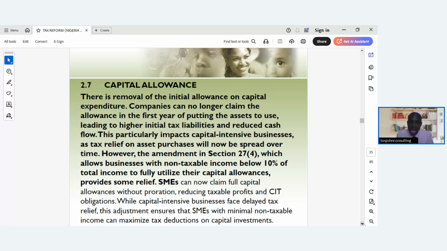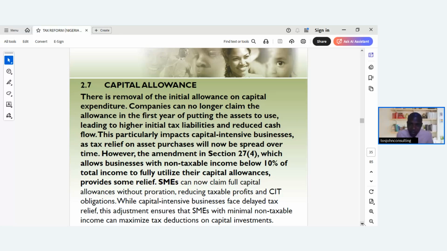However, the amendment in Section 27, subsection 4, which allows businesses with non-taxable income below 10% of total income to fully utilize their capital allowances, provides some relief.